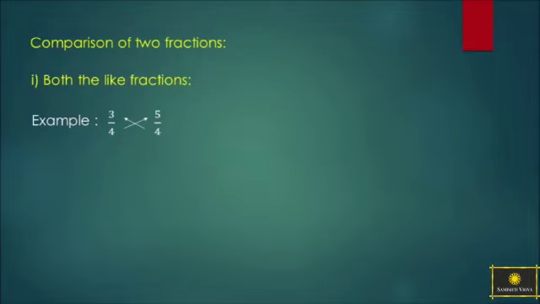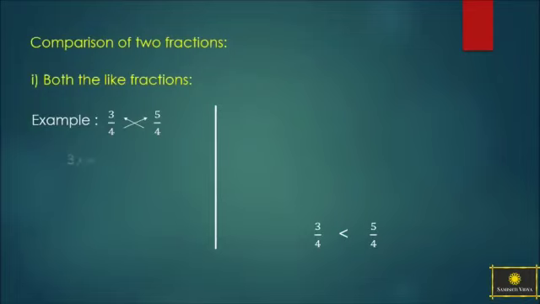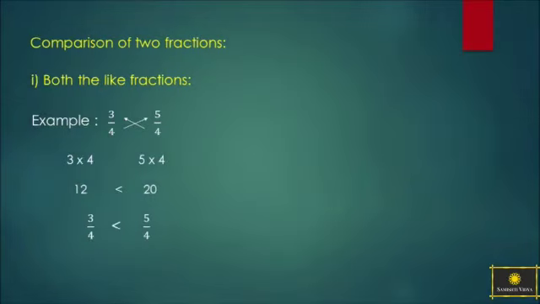That is, the numerator of the first fraction is multiplied by the denominator of the second fraction. That is 3 into 4 is equal to 12. In the same way, the denominator of the first fraction, that is 4, is multiplied by the numerator of the second fraction, that is 5. The 4 into 5 is equal to 20.